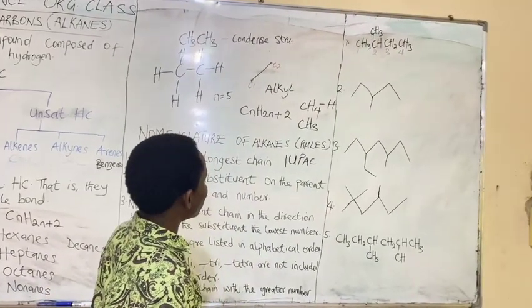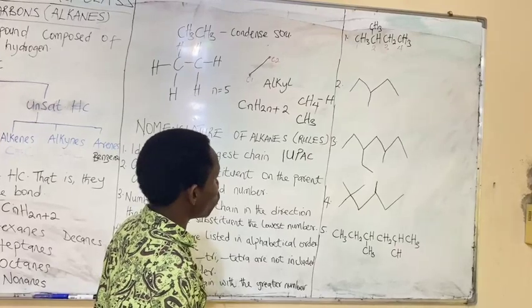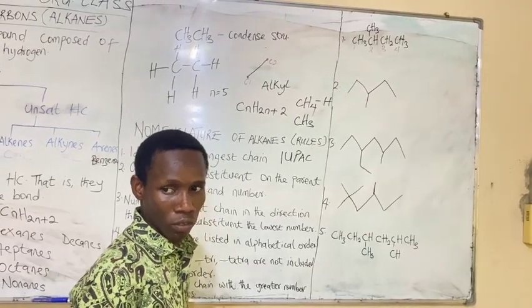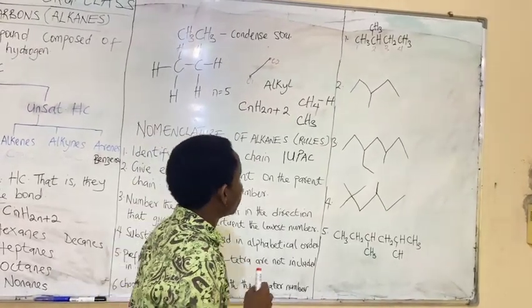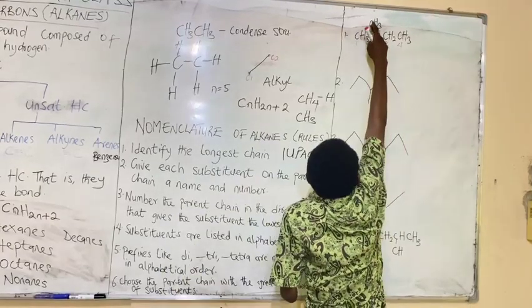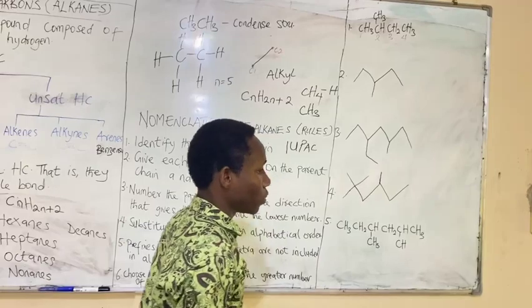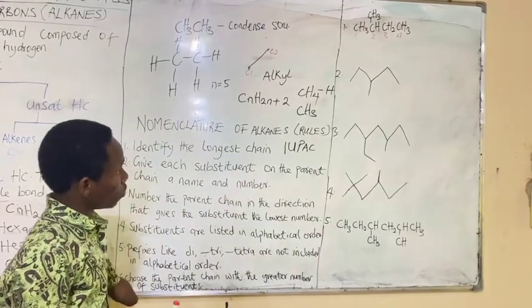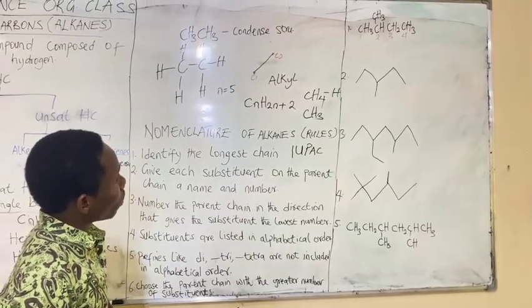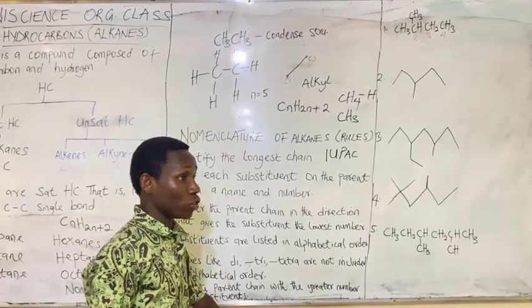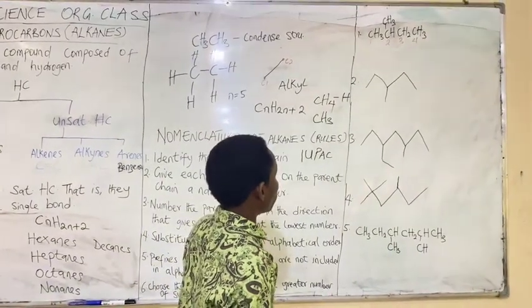Apart from that, there is another way we can still number this. You can number it this way, 1, 2, 3, 4. It's the same. So we now know that no matter the angle you are coming from, it will give you the same number of carbons.